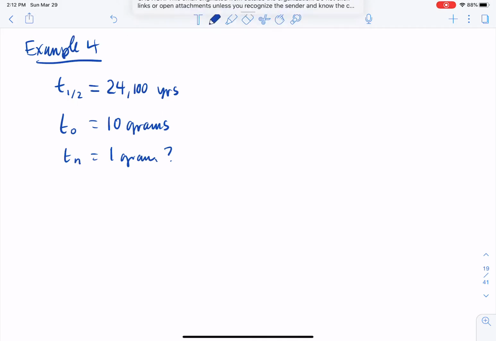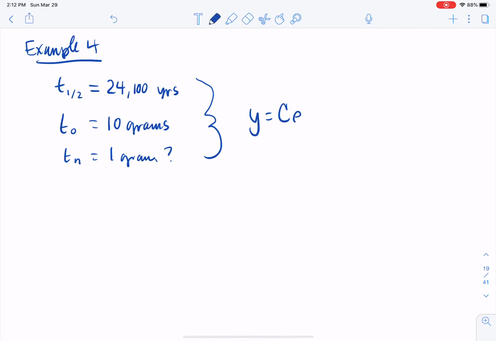All right, so we're going to start this whole process with our exponential decay model, which is y is equal to c e to the kt power. One of the things that I'm going to stick into my equation is my initial condition, which was 10 grams.